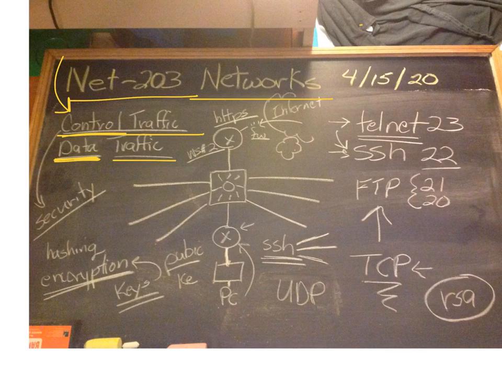So, for example, when you telnet into one of the switches or one of the devices, you're on a PC and you telnet into this router, let's say, you're using port 23 to keep track of that traffic, and it's actually going right through here.